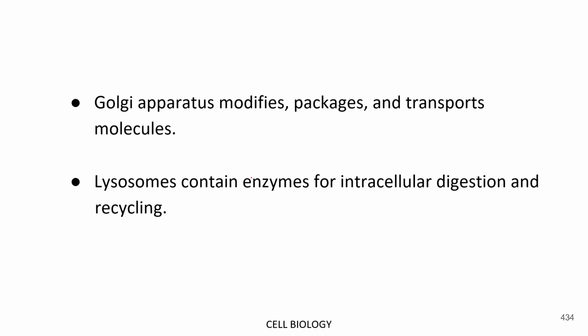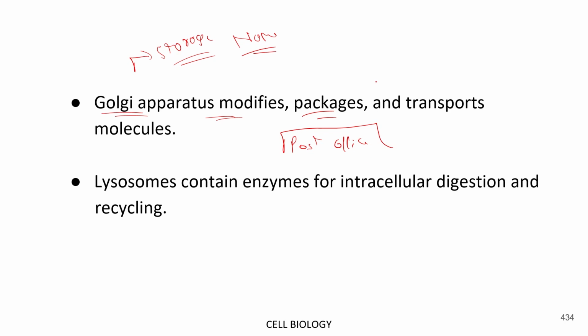Thereafter, we have the Golgi apparatus. Basically, the Golgi apparatus works as a storage home for the cell. It stores things, thereafter it packages them and then transports them. You can say it is basically the post office of the cell.